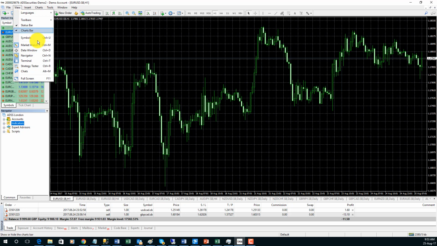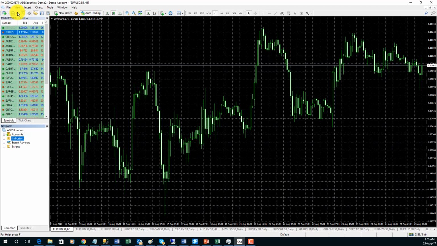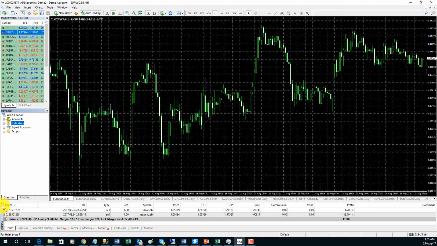Moving down beyond the navigator window, terminal. Okay, that is your trading terminal, and you can also close it from the little cross there. But this shows you your orders that you've got in play on the trade tab. So if we just show you what we've got there, from left to right we have the order number, so each order has a unique number, the time it was placed.